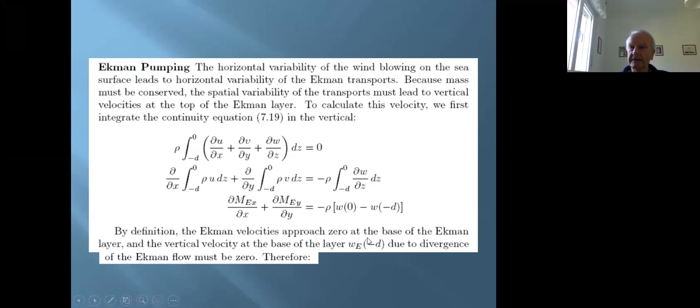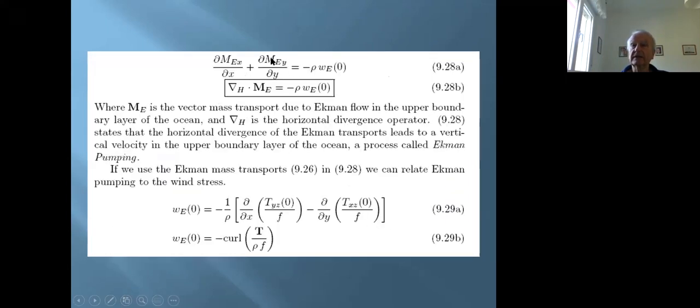The vertical velocity at the base of the Ekman layer must be 0, because we cannot have flow through the base of the Ekman layer. We have to have the velocities within the Ekman layer. Therefore, by looking at this equation, we obtain that this is the divergence of the Ekman layer.